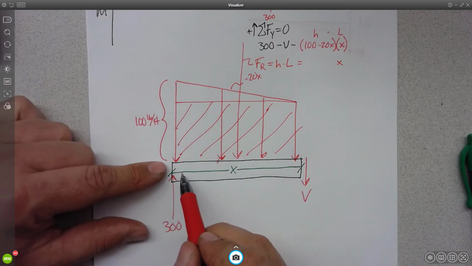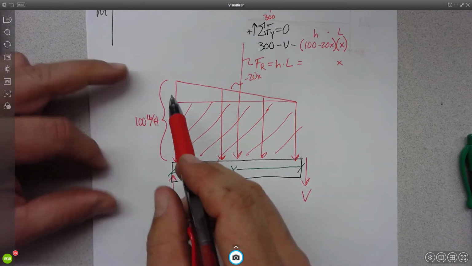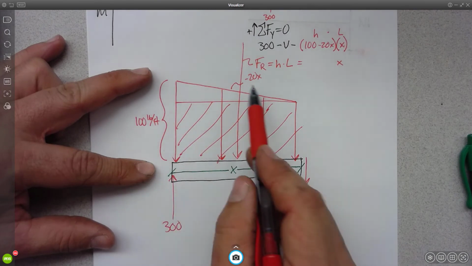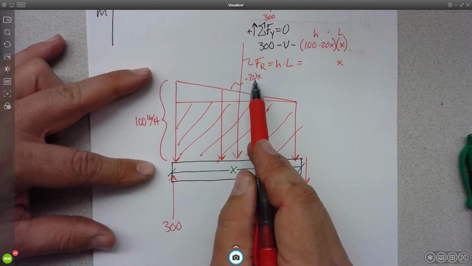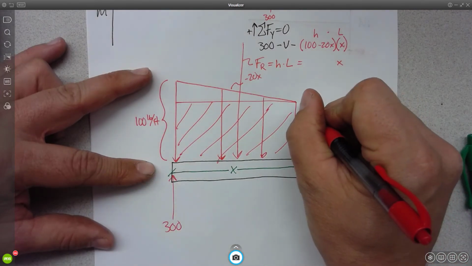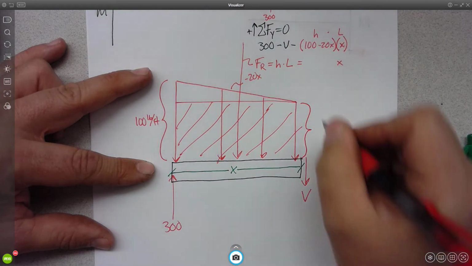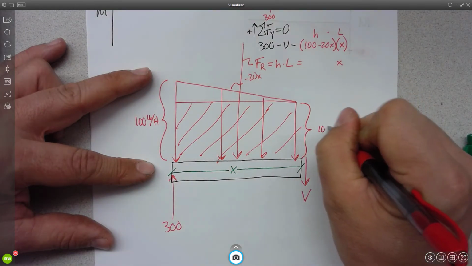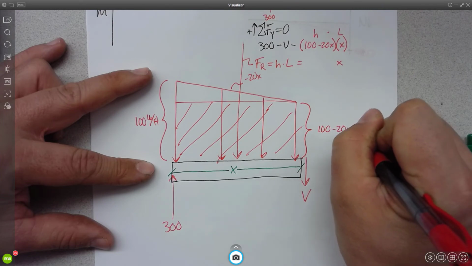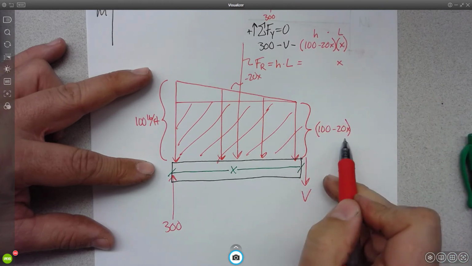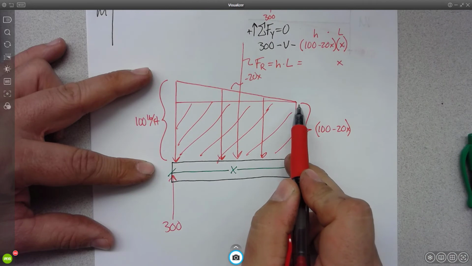The height is the tricky one. We know that over here we have 100, but this has a slope of negative 20x. So I'm trying to find this guy here, which I posit to you would be 100 minus 20x. So if I've gone over 1 foot, this would be 80.